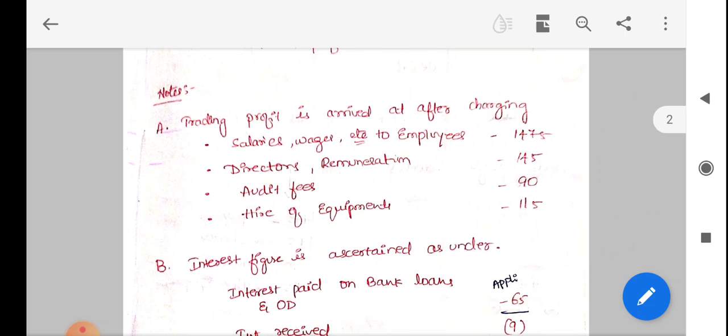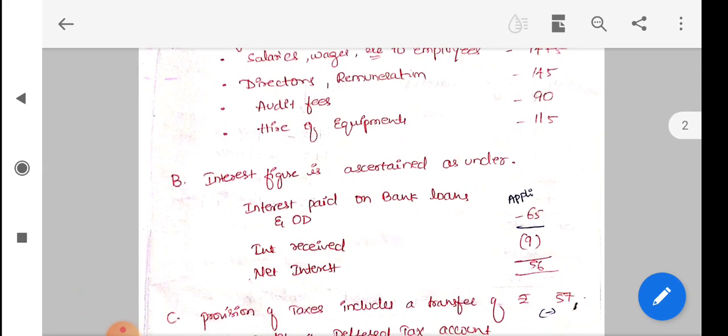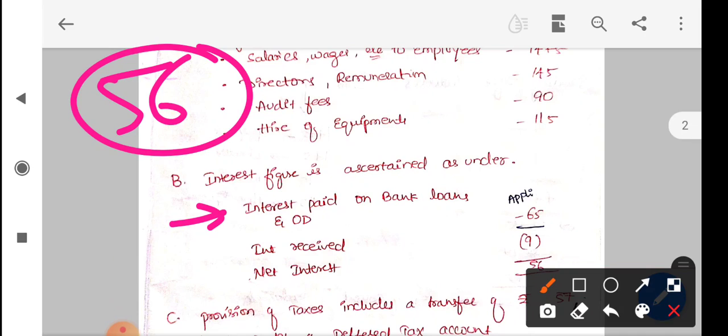Next adjustment given is that the interest figure is ascertained as under, meaning the interest amount which is given as 56 in the table. So how it is arrived at: one is from interest paid on bank loans and overdraft.